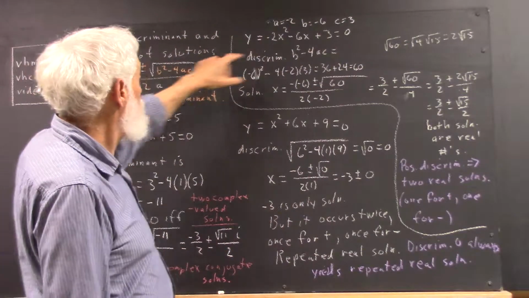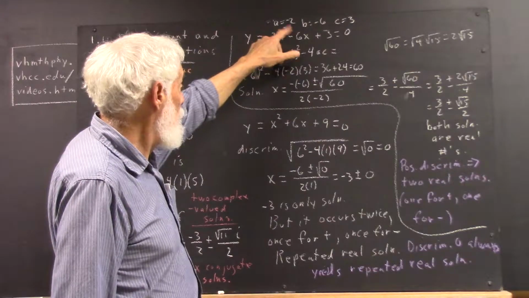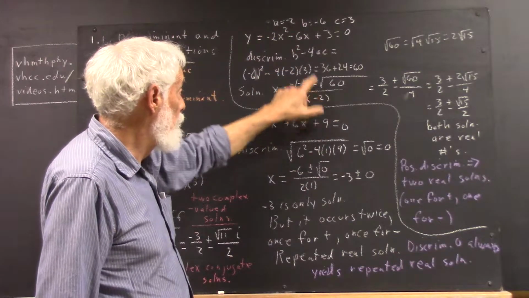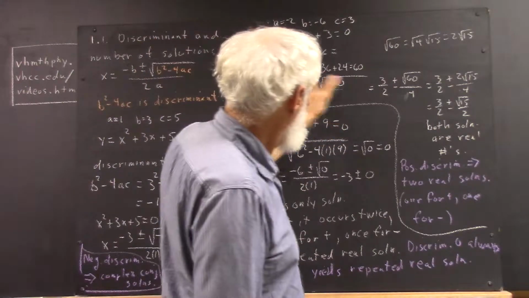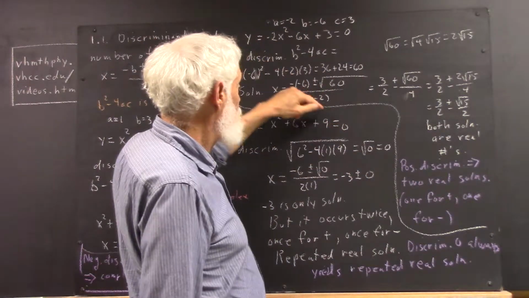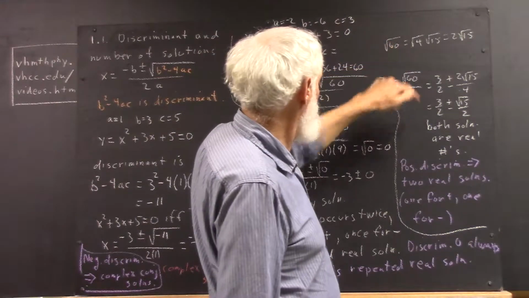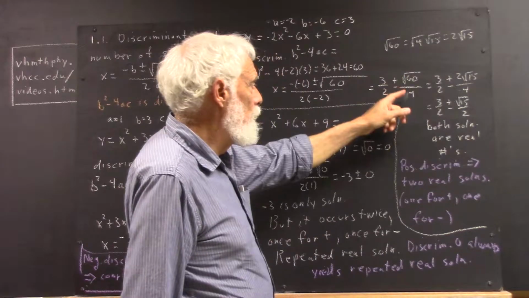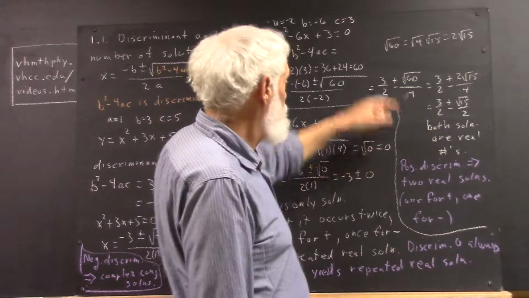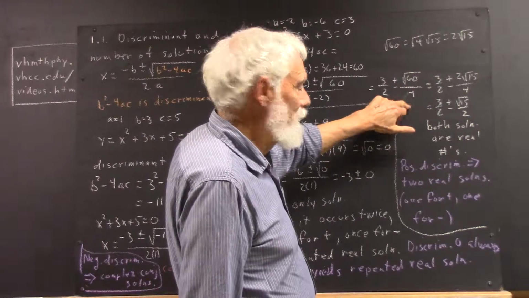The b, which is negative 6, goes here with a negative in front of it. The a is negative 2, and it goes down here as 2 times a. Okay, we don't need all that, but this over this gives us 3 halves, and this over this gives us square root of 60. Now it actually gives us square root of 60 over negative 4, but since we're doing plus this and minus this, we can just eliminate that negative.